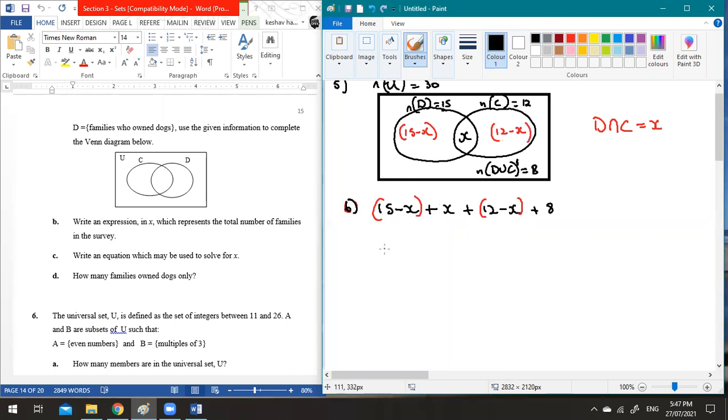Part C, where they say write an equation, you're basically writing this back, but making it equal to the 30. So 15 minus x, add 12 minus x plus 8 is equal to 30. It doesn't matter if you had simplified it or not, you should still get the mark, right? But if you simplify it, it's not a problem. So if you want to simplify the numbers, 15 add 12 is 27, add 8 is 35.